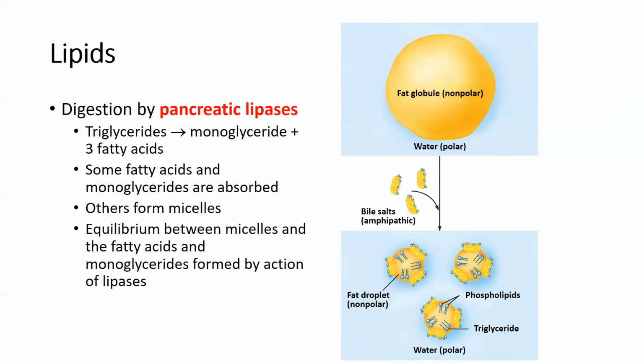Others have to be formed into what's called a micelle. We talked about a micelle. A micelle is this droplet that has the aqueous parts of the molecule facing the exterior and the fat sort of clustered inside, that non-polar region. And so micelles are an important structure in the absorption of fatty acids and monoglycerides. And they help to be absorbed using those lipases.